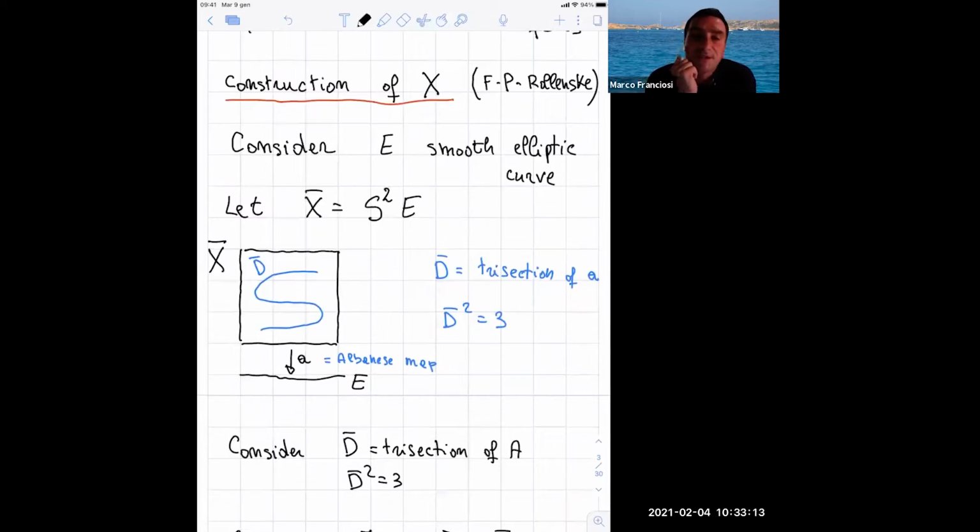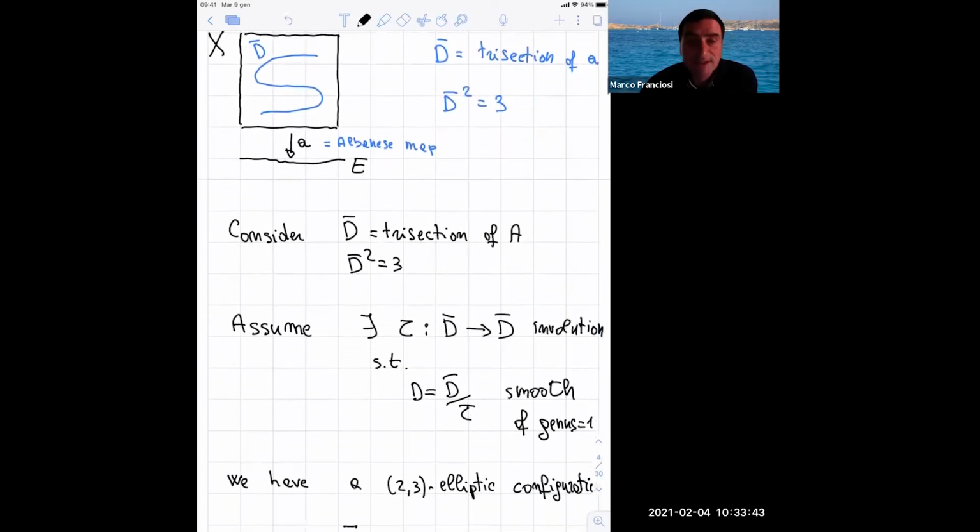So let me start by describing our construction. We consider a smooth elliptic curve E, and we take the symmetric power of such smooth elliptic curve, X bar as S^2 of E, and we take a trisection of the Albanese map. Okay, this means D bar is a curve such that D square is equal to 3.